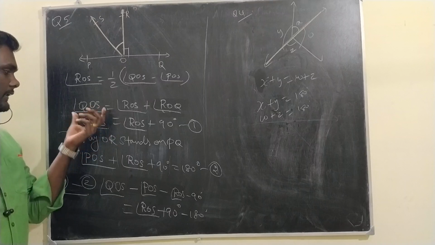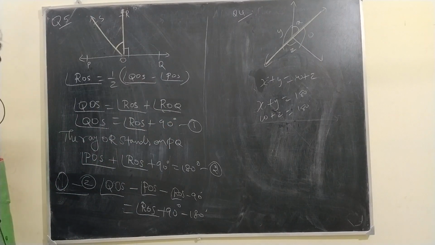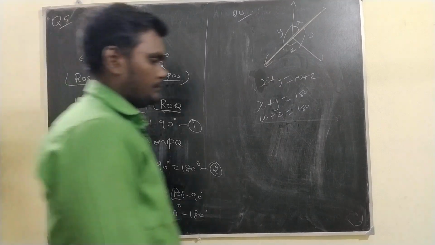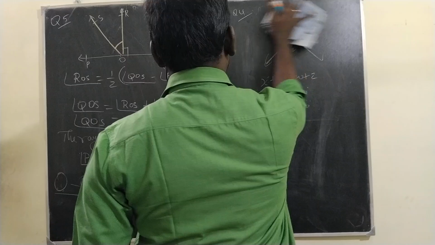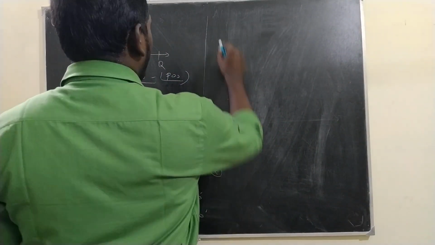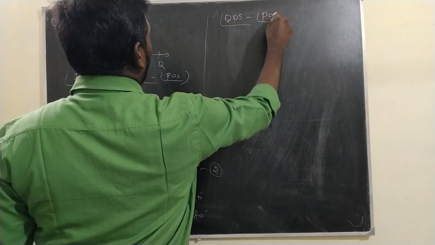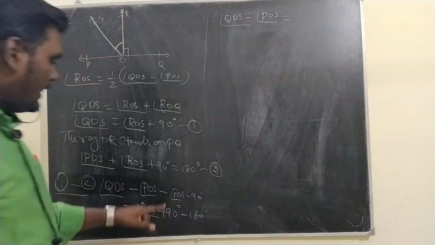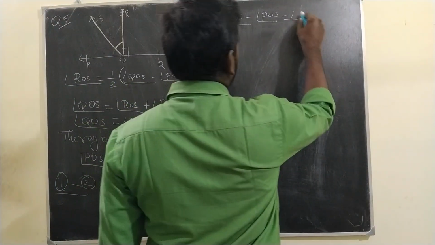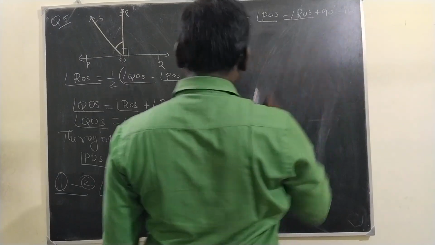See, left hand side fully I subtracted, and then right hand side fully I subtracted. Write this equation, angle QOS minus angle POS should be there, and then remaining everything transpose to the other side. Other side already we have ROS plus 90 degree minus 180.